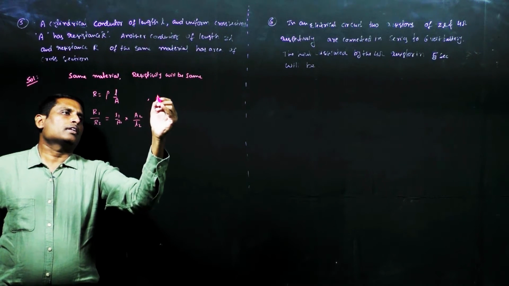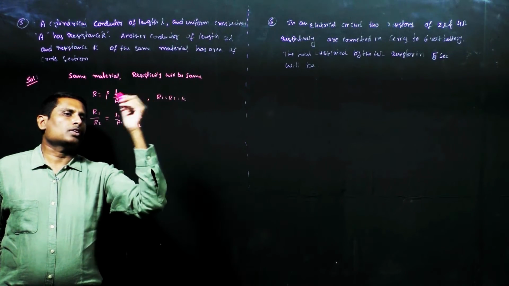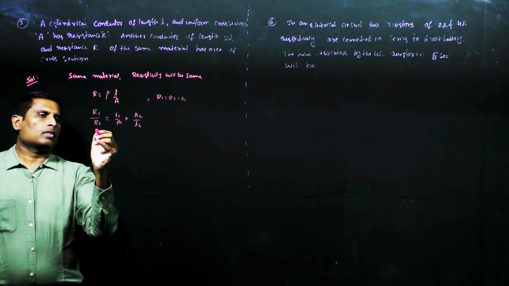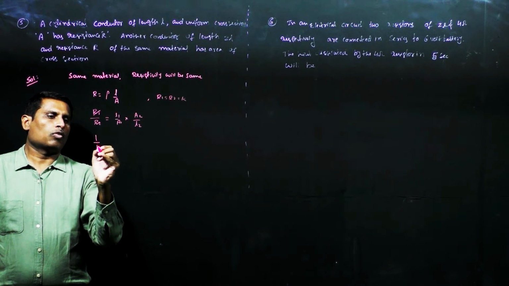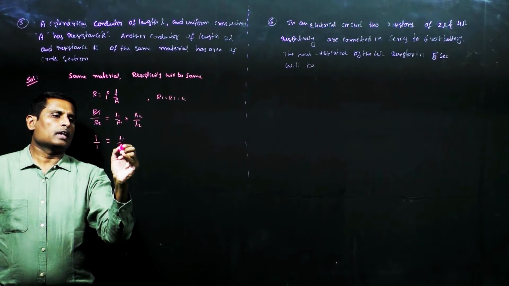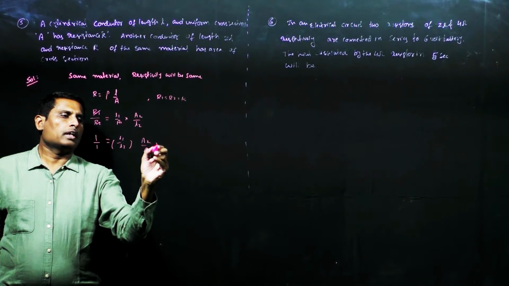Here given that R1 is equal to R2 equal to R also. Therefore, R1 R2 get cancelled. 1 by 1 is equal to L1 by L2 into A2 by A1.